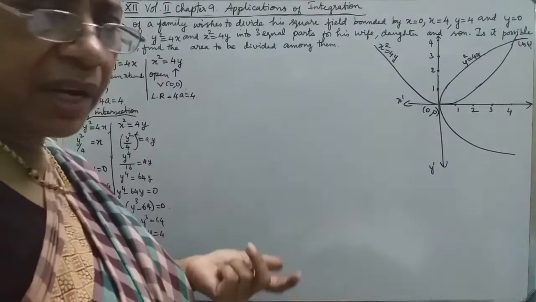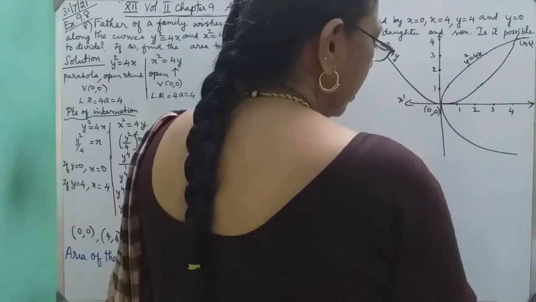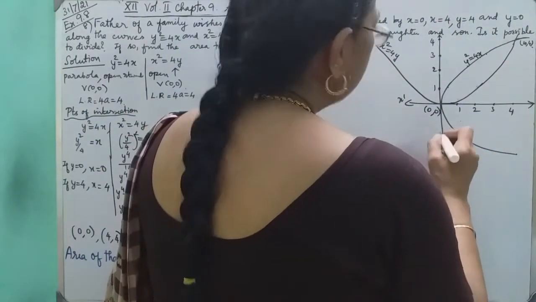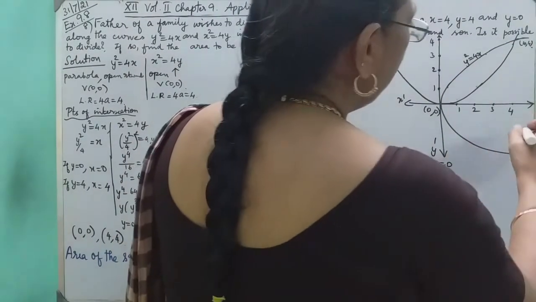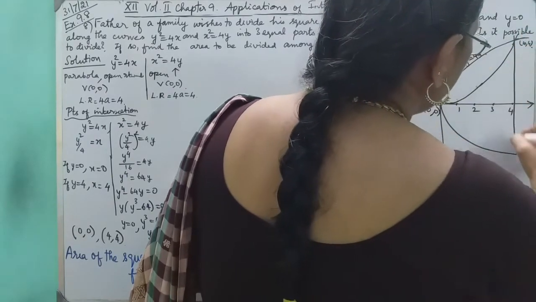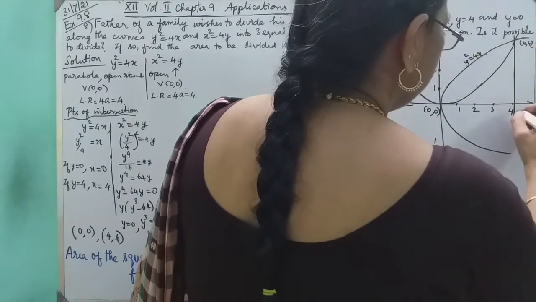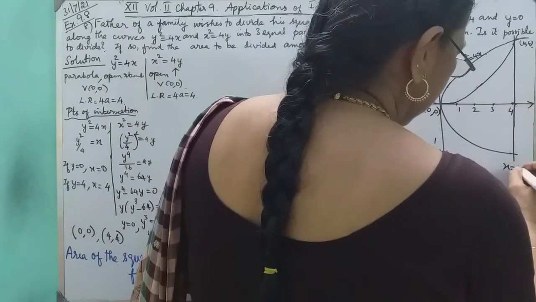Now, where is the field? The field is bounded by x equal to 0, which means the y axis, and x equal to 4. So through 4, you drop a perpendicular. This line is x equal to 4.